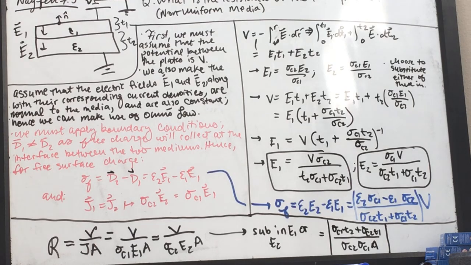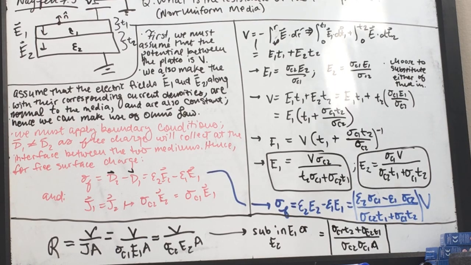Now, once we have our expressions for our electric fields, we can plug them back into our definition for our free surface charge, right? And that's just the difference between the electric fields and their respective permittivities.